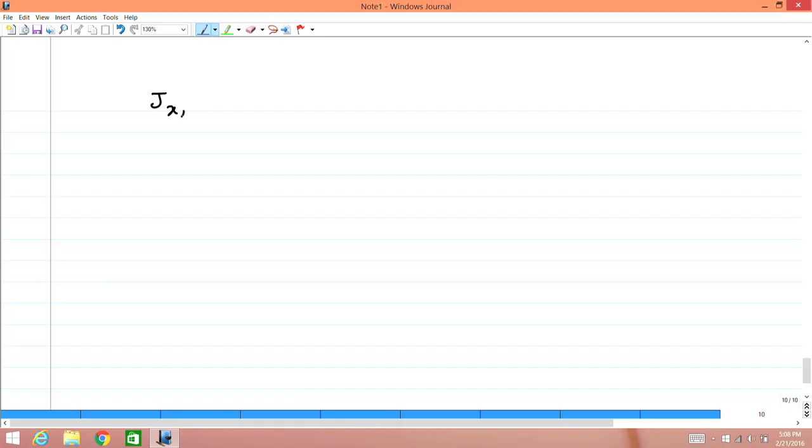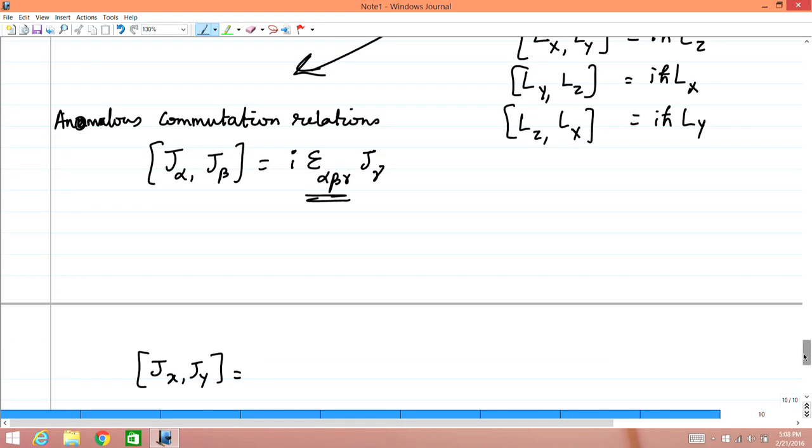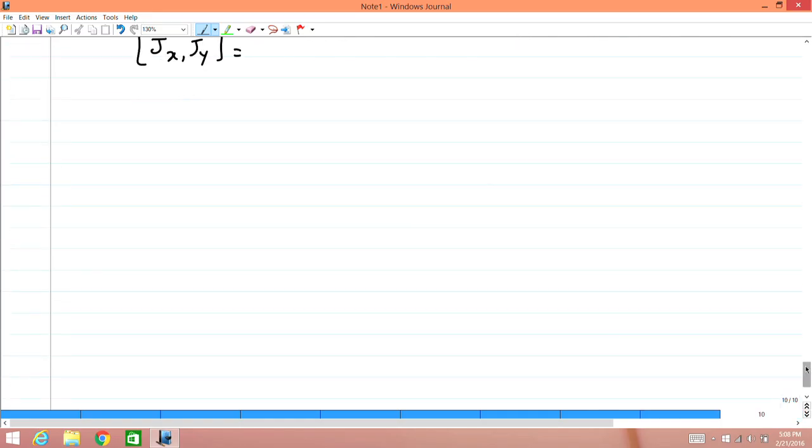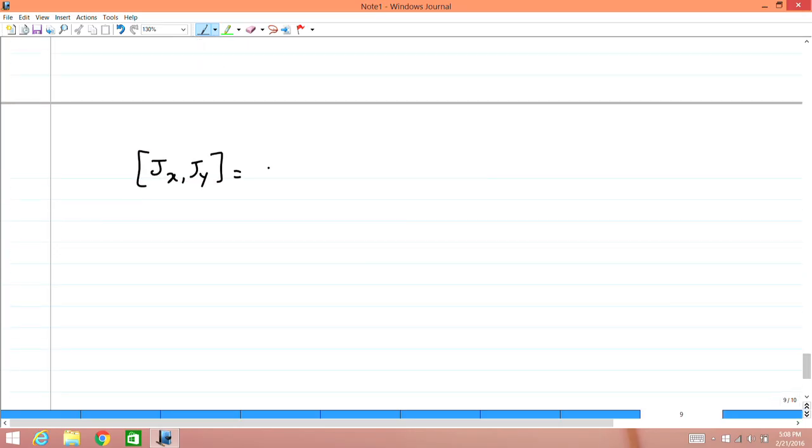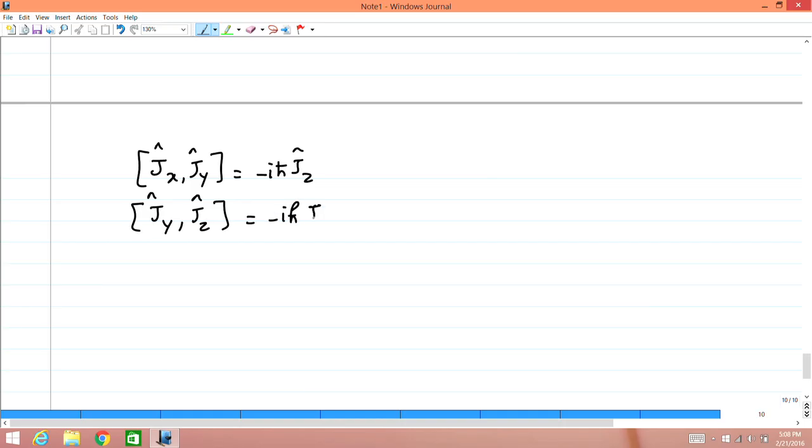All it means is that the commutator of j x and j y is minus I h bar j z, these are operators, and j y, j z is minus I h bar j x, and the third one, j z, j x is minus I h bar j y.